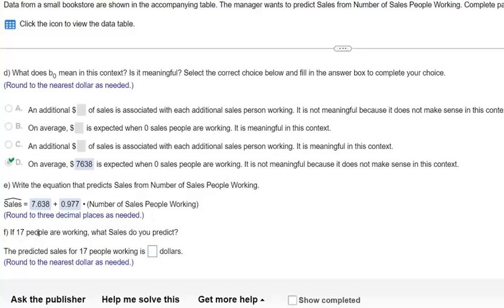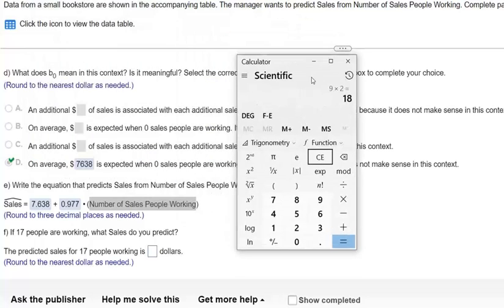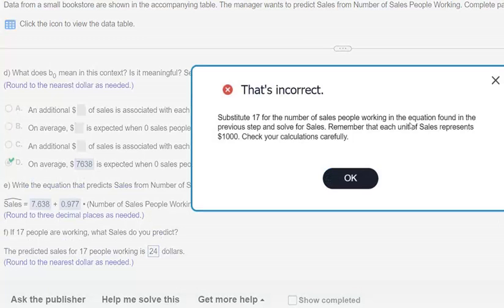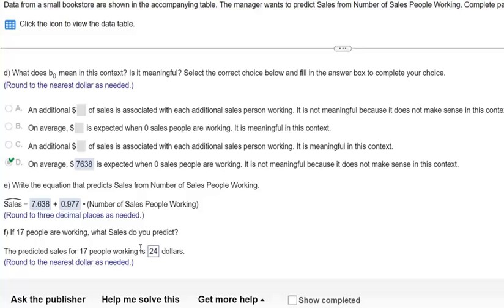If 17 people are working, what sales do you predict? All you have to do for this is plug in 17 in here and then solve the equation. So replace x with salespeople working. So I'm going to do 17 times 0.977. Add that result to 7.638. 24.247. Round to the nearest dollar, so it rounds down to $24. Oh, what did I do wrong now? Round to the nearest dollars. 17 people are working. What sales? No, we plug in 17 here.